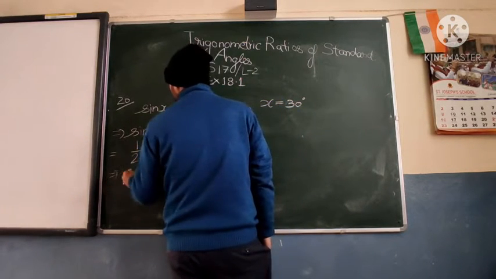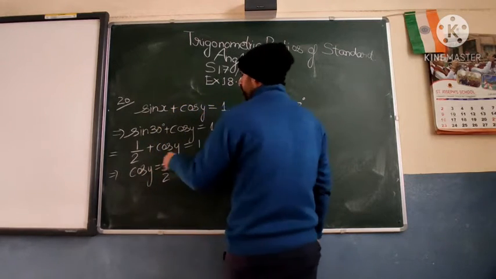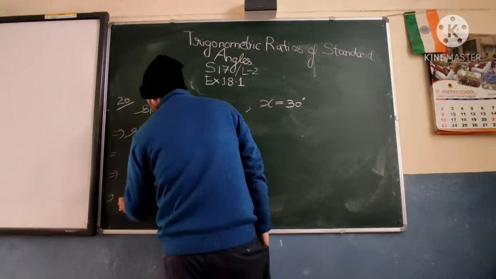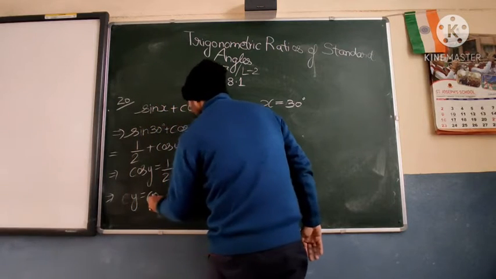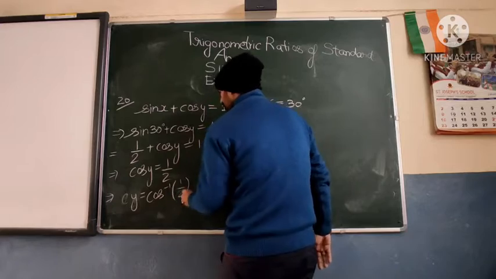This implies that, you know how to transpose this, okay? Now, what will be y? y is equal to cos inverse 1 by 2.